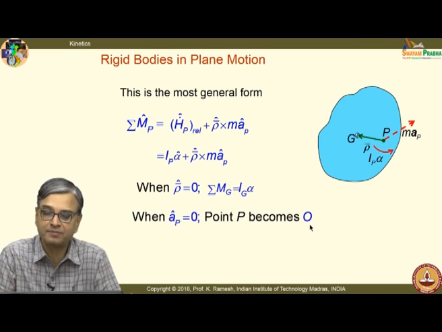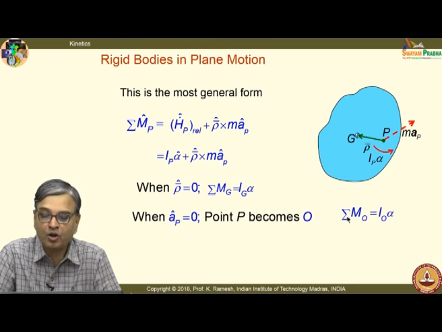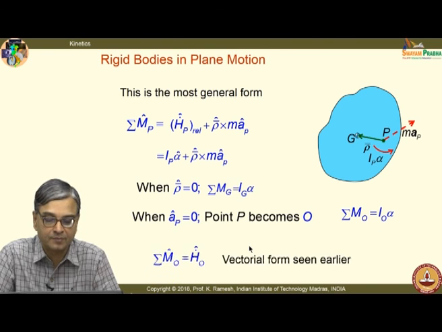So, when a p becomes 0, point P becomes O, and I have mo equal to Io alpha, or Mo equal to Io alpha, whichever way you would like to express it. And I have mo equal to H dot O. So, this is the most general form of representation.